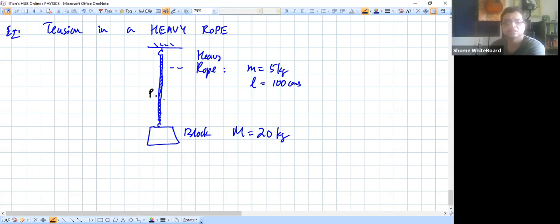Now, if we are in general taking a point P, which is at a distance x from the end of the rope, we want to find the tension at a point P for x to be 0, that is, right at the end of the rope.